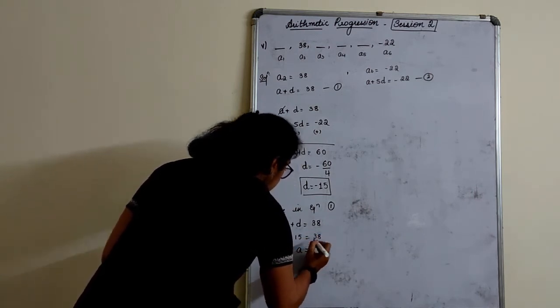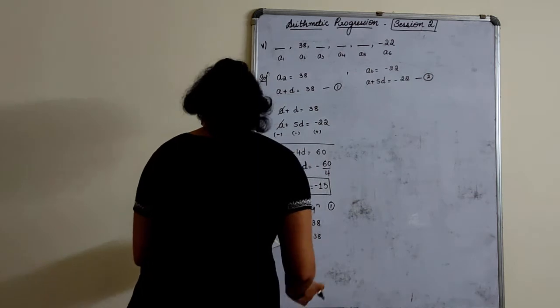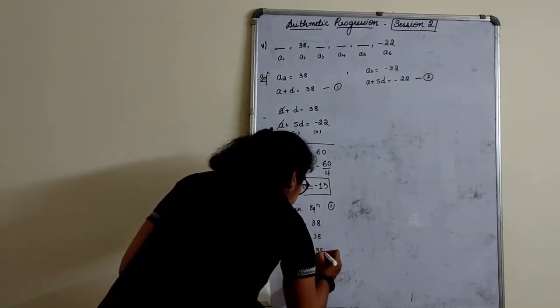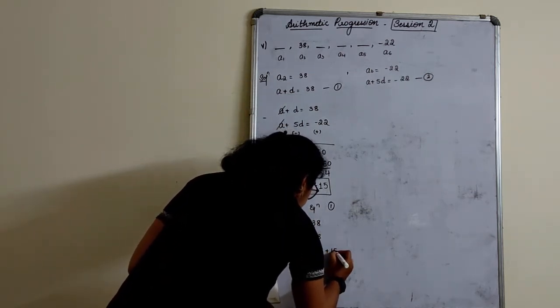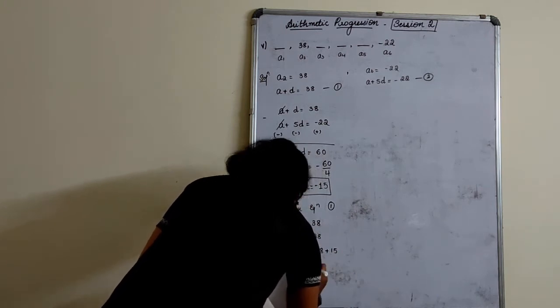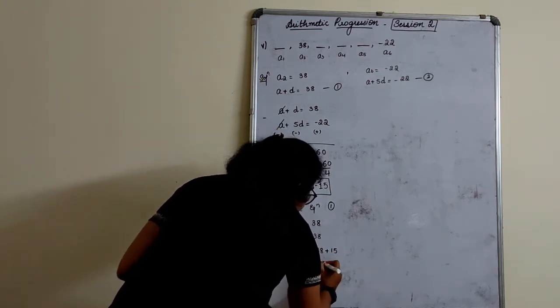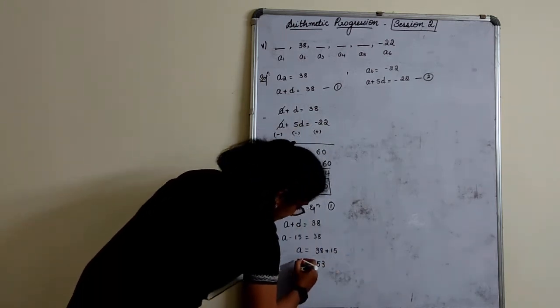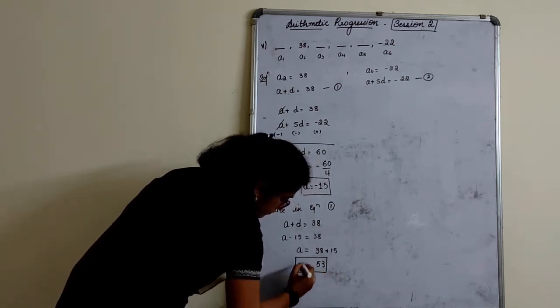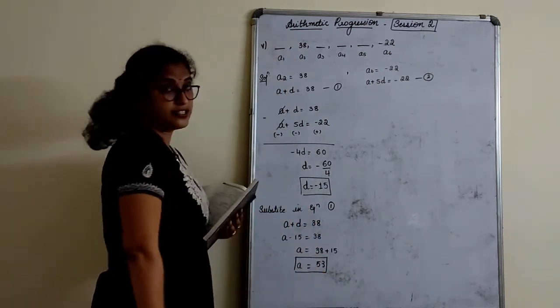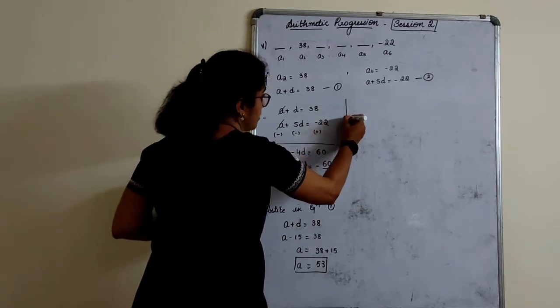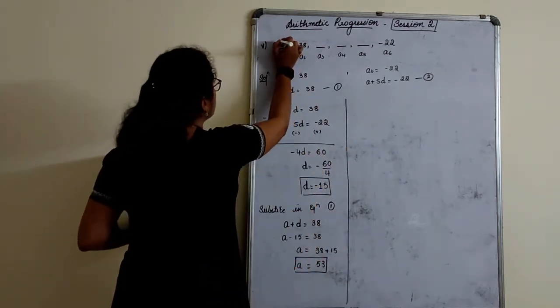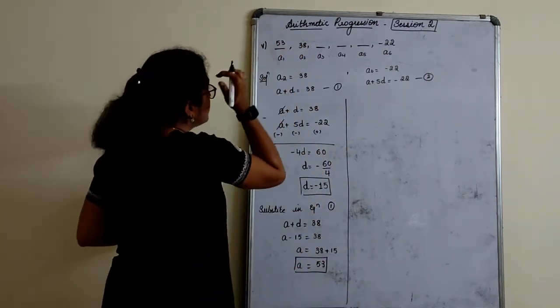So A is equal to, what we will do now here is 38 plus 15, and A is equal to 53. I found out the first term as 53. Okay, let us write here. Okay, 53 is the first term.